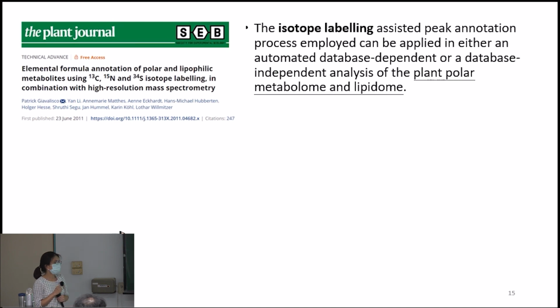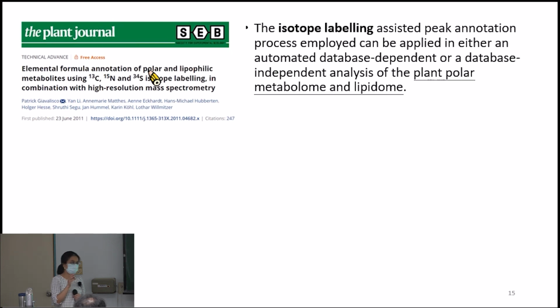Okay, so the authors started to identify the metabolites using this isotope labeling approach. You can find that they are using carbon labels, nitrogen labels, or sulfur labels in the living organism.